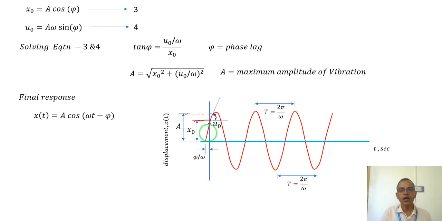Then the gap before the curve cuts the time axis is called the phase lag, which is phi by omega. So this is the response of the undamped single degree of freedom system.